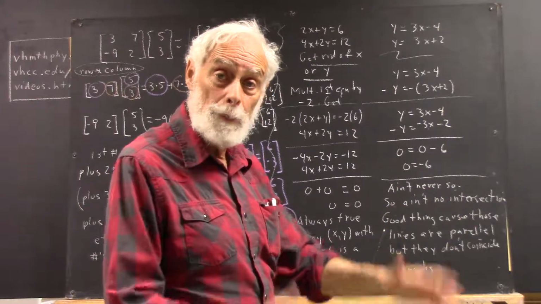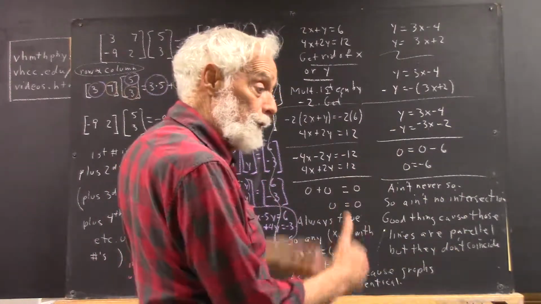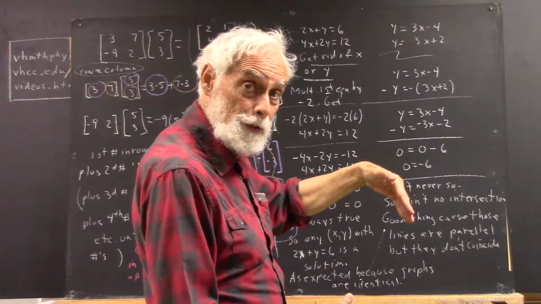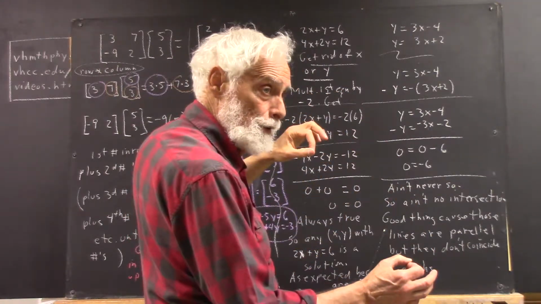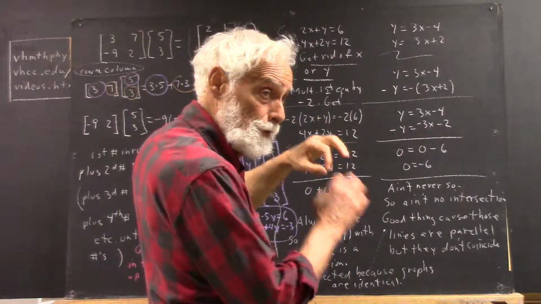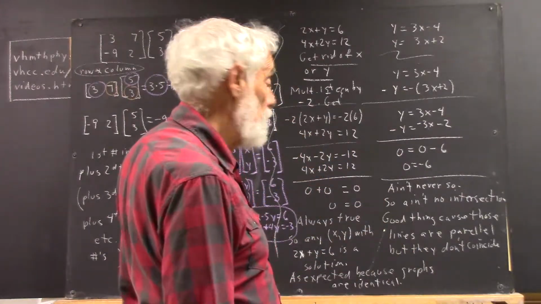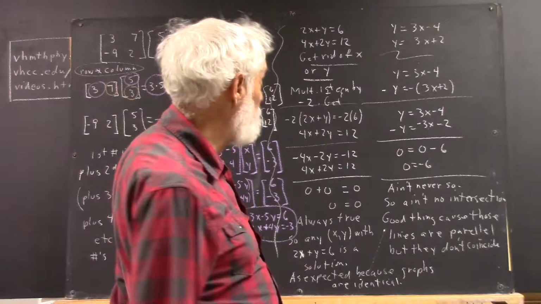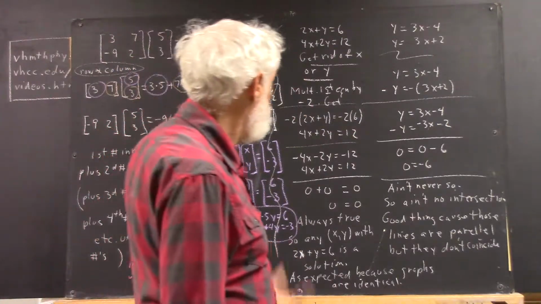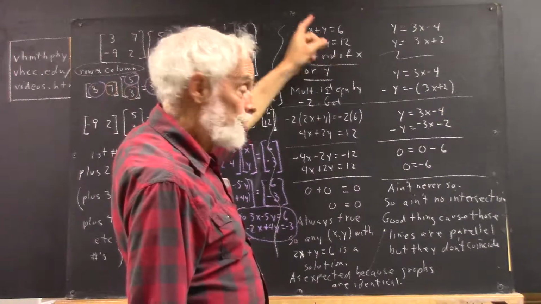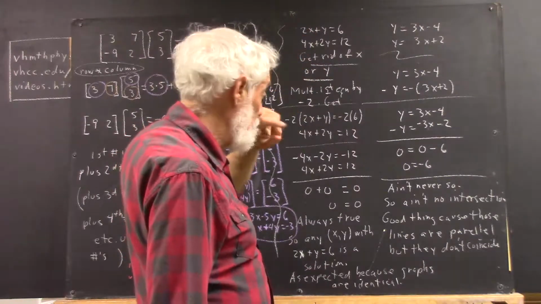Now remember what happened when we graphed. When we graphed, the two graphs coincided. The white graph and the purple graph had the same x-intercepts and the same y-intercepts, so the two graphs formed lines that were exactly the same. So the graph of this line is the same as the graph of this line, and it follows that any x and y that satisfies one satisfies the other.